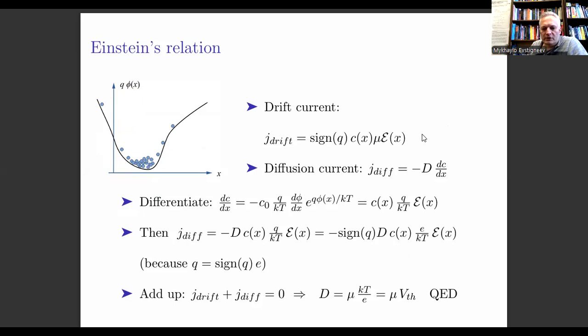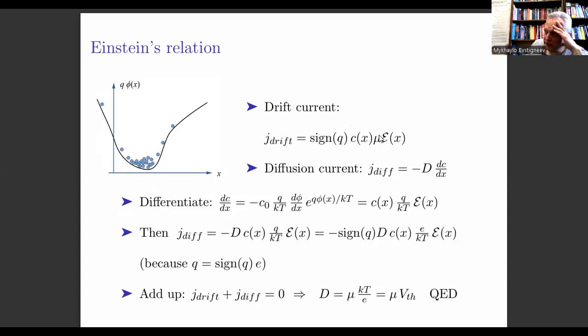Okay, now let's think about the drift current. Drift current is given by the product of the charge carrier mobility, mu, be it electrons or holes, times the electric field. The product of the mobility times the electric field is the drift velocity. When you multiply the drift velocity by the carrier concentration C, you get the current density.